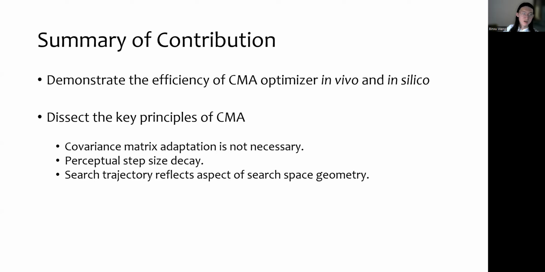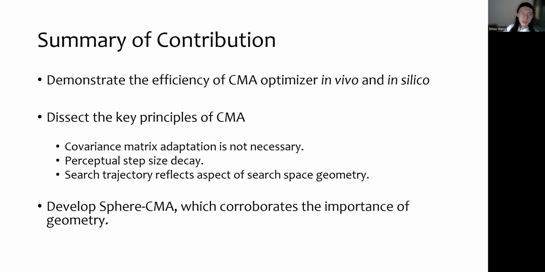And another observation is the search trajectory could reflect aspects of the search space geometry, which may be useful to study the geometry of the space. And finally, we developed Sphere-CMA, which performs better and corroborates our point that it's important to leverage geometry when developing optimizers. And this is our talk, and thanks for your attention.